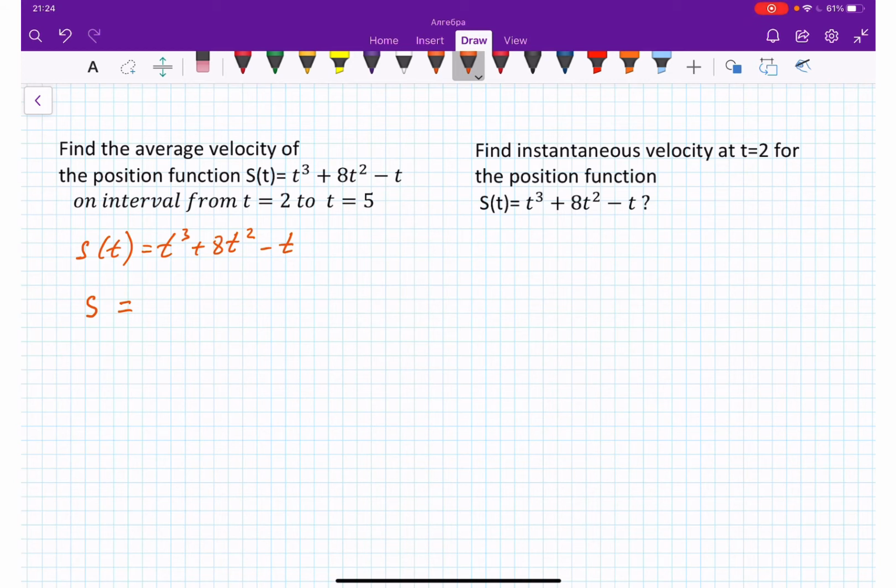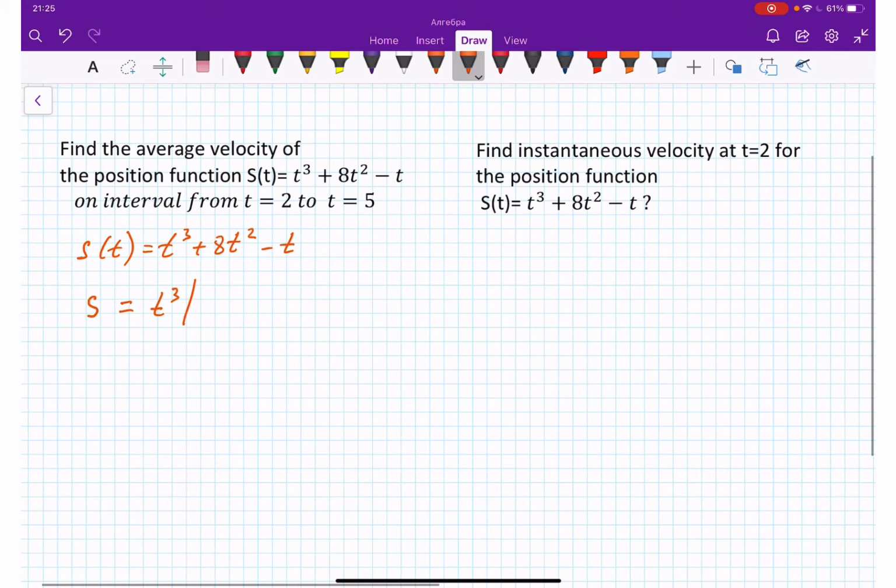It's going to be t cubed, evaluated from 5 and 2, plus 8t squared, evaluated from 5 and 2, and minus t, evaluated from 5 and 2.